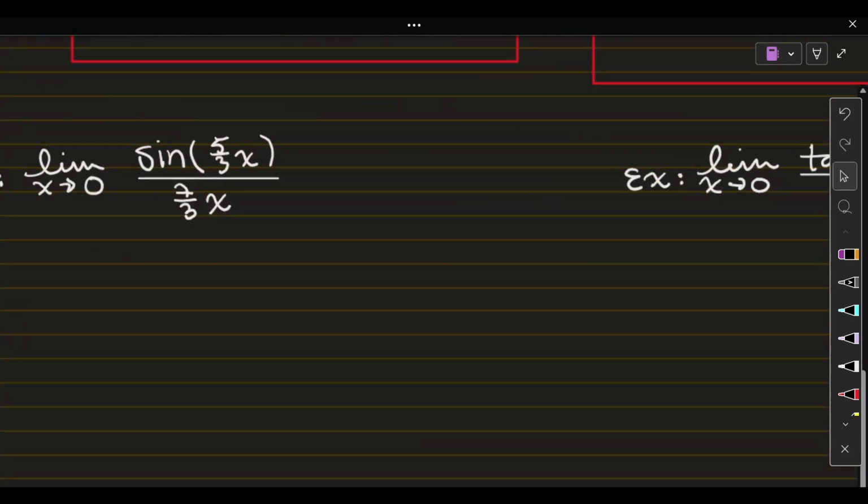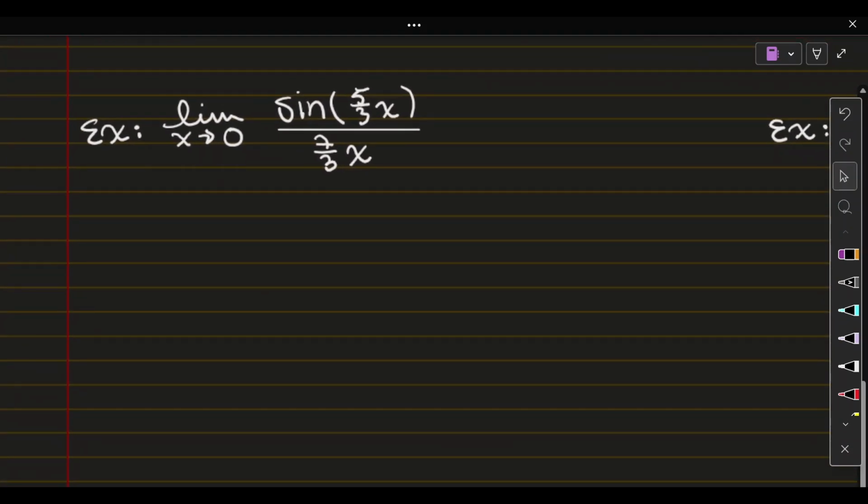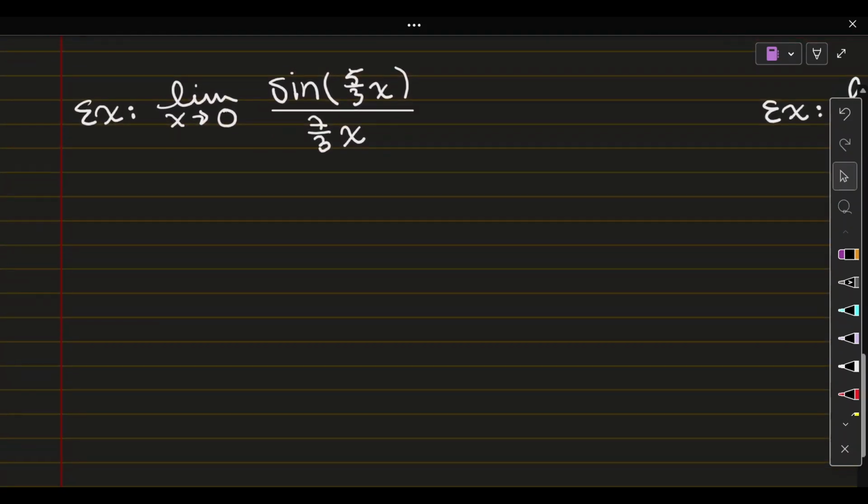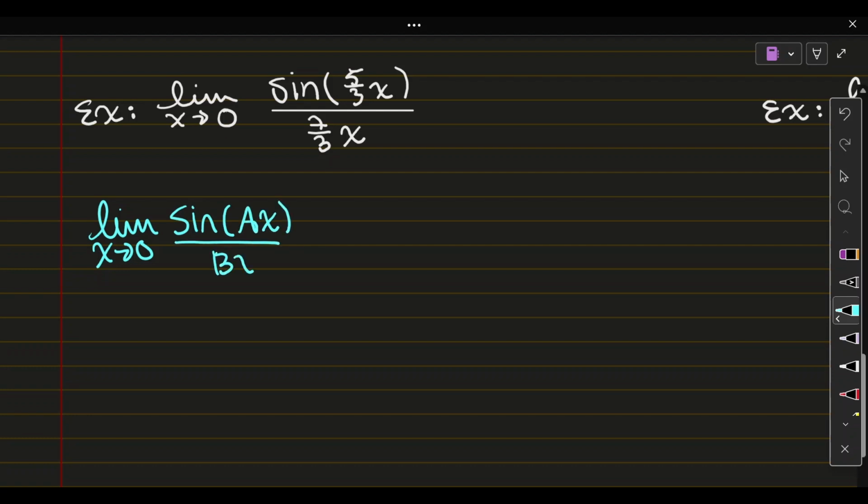Let's look at this first example here. I have sine of 5 over 3x over 7 over 3x. Well, my identity says that the limit as x goes to 0 of sine of ax over bx equals a over b. So all I have to do is identify a and b, and this looks really similar, right? So my a is going to be 5/3 and my b is going to be 7/3.